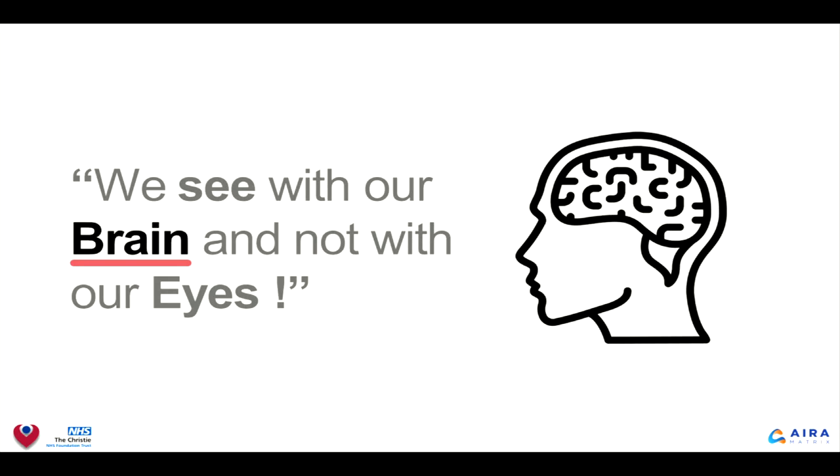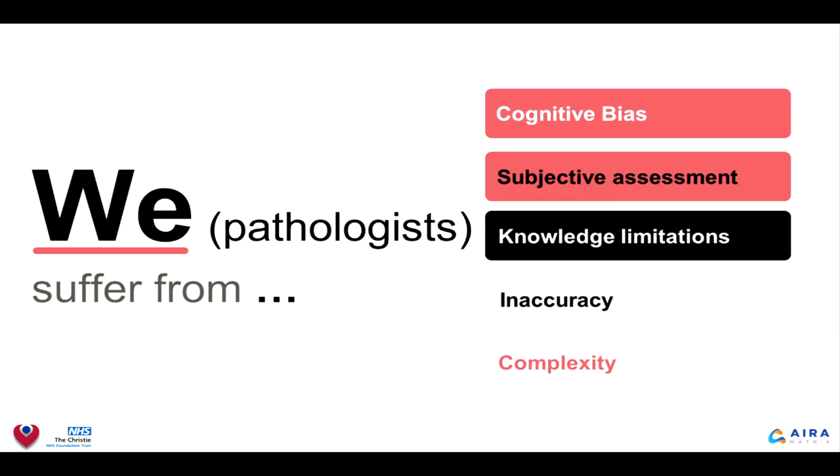But attention, our eyes are not independent. They are just an extension of the brain. And as such, we suffer from cognitive bias, subjective assessment, knowledge limitations, inaccuracy, and also it's difficult for us to deal with very complex cases.